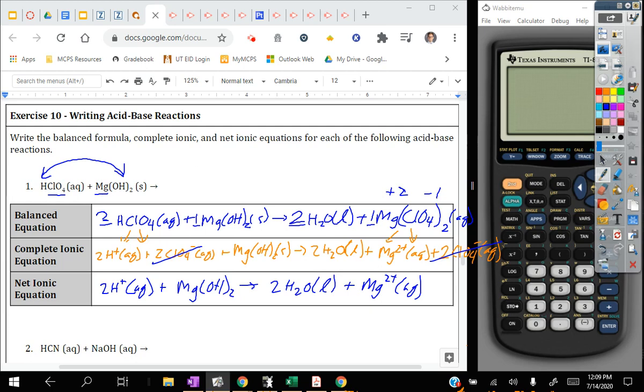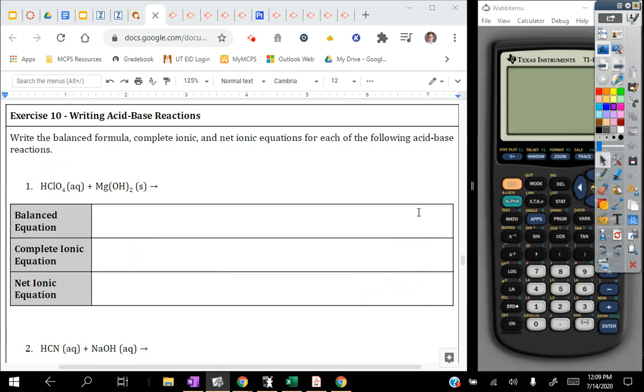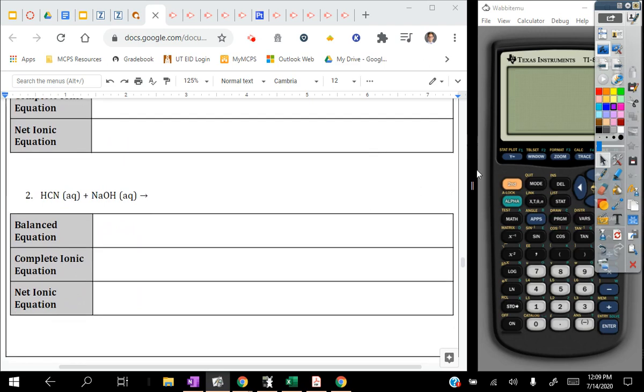All right, let's do another one. Here we have HCN and NaOH. So again, H and OH are going to react to form our water, and then Na and CN are going to form our salt.